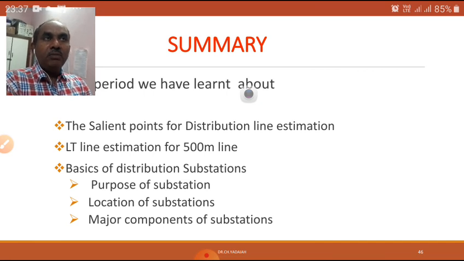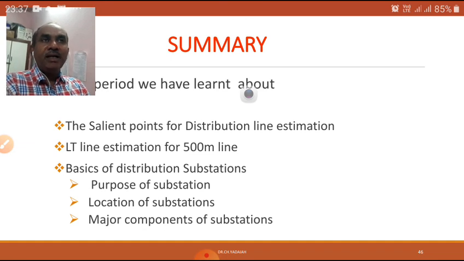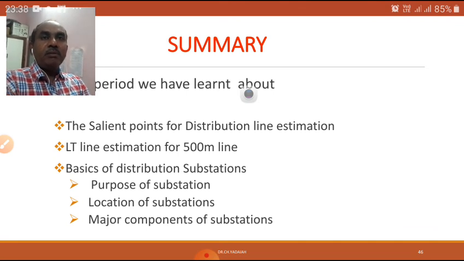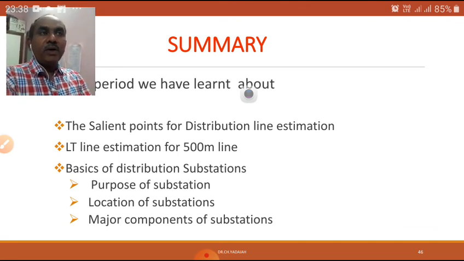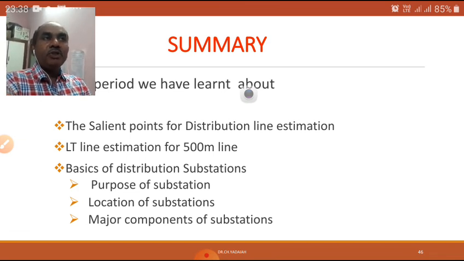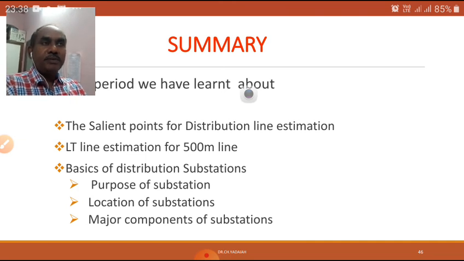I think by knowing all these basic things, you have some idea on how to calculate the LT line, what the purpose of a substation is, and how substations are classified based on different factors. Next class we will see the estimation of plinth mounted and pole mounted substations. Thank you very much.